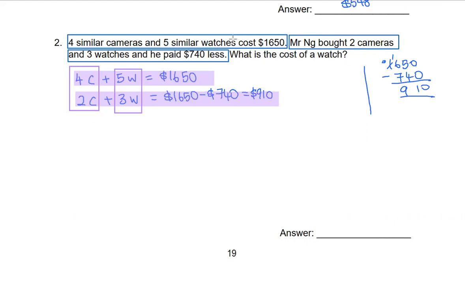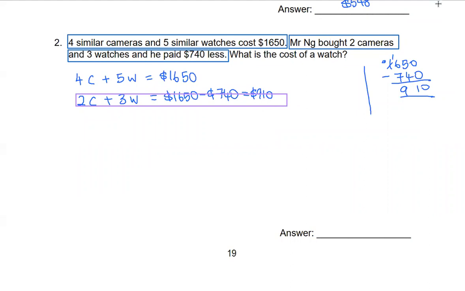It will be easier to compare if the number of cameras is the same, or if the number of watches is the same, if one of them is the same. So in this case, can I make one of them the same? I'm going to try to make the number of cameras the same. Let me clear this.